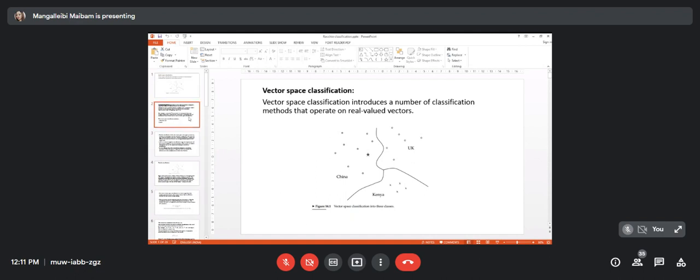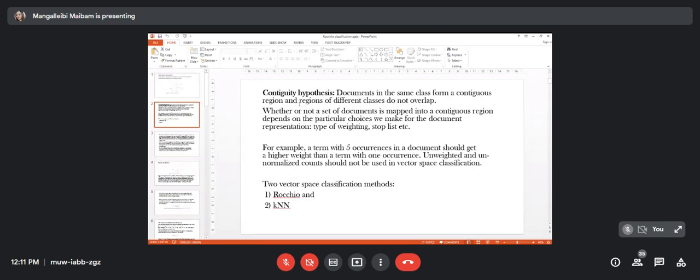So here we need to know the contiguity hypothesis. Documents in the same class form a contiguous region and regions of different classes do not overlap.